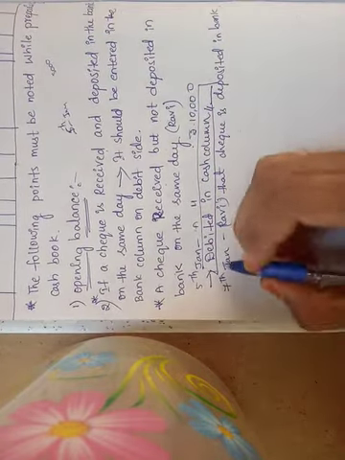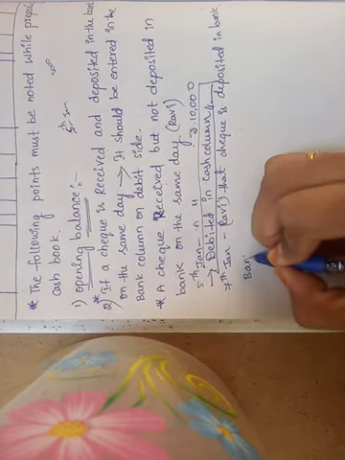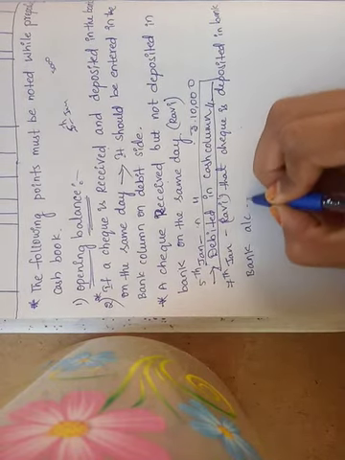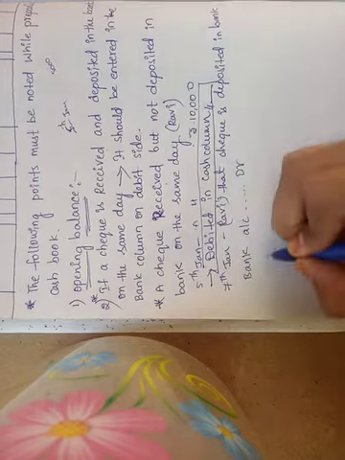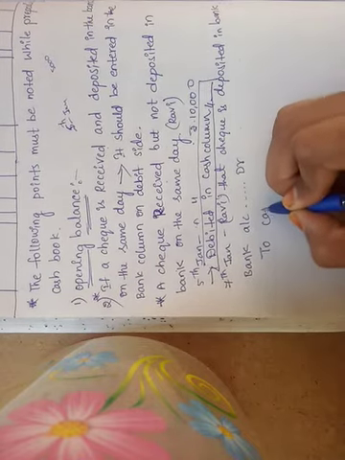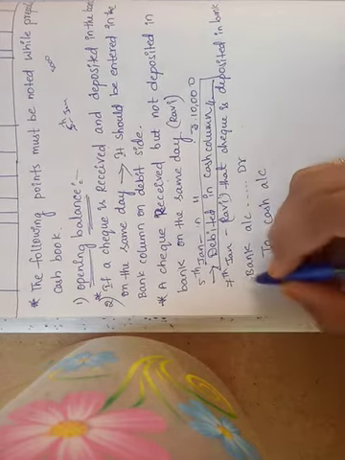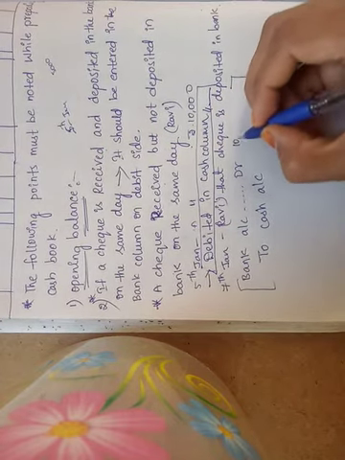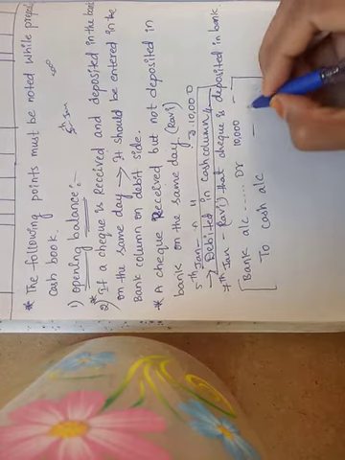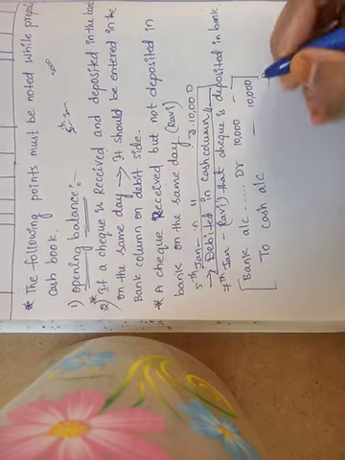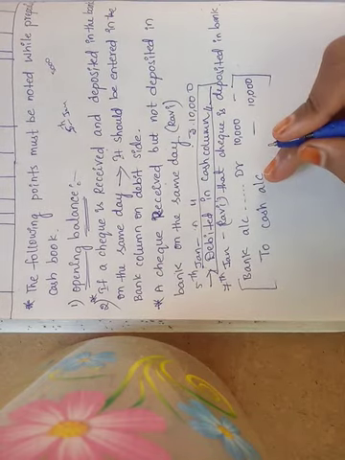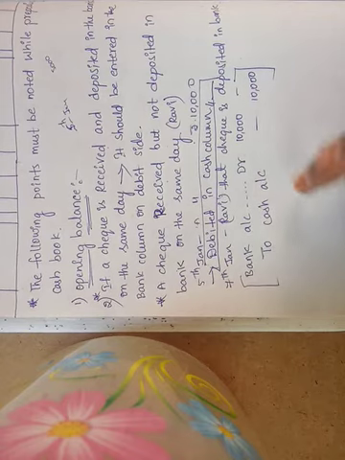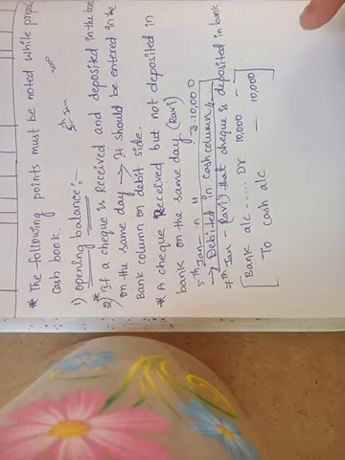What is that entry? Bank account debit to cash account, rupees 10,000. In earlier classes we also wrote entries in the single column cash book and double column cash book.